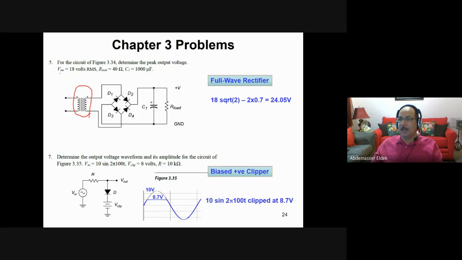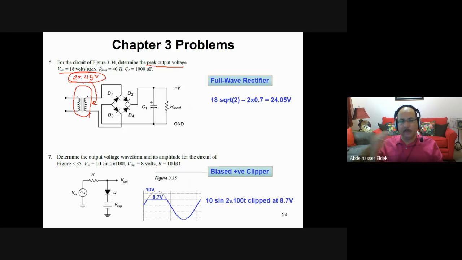Okay, so if the voltage here is 18 root mean square, then the peak is 25.45. Then this is the peak voltage here, it's the input. But the only problem here is that the peak voltage will be 25.45 minus what?